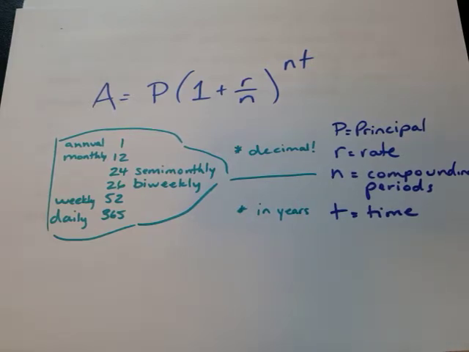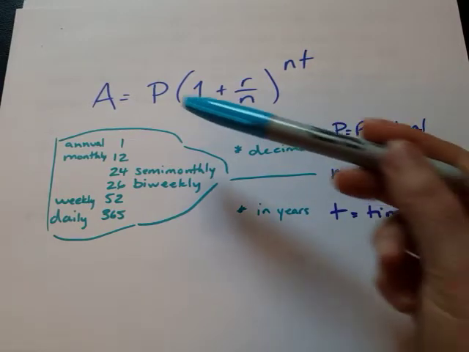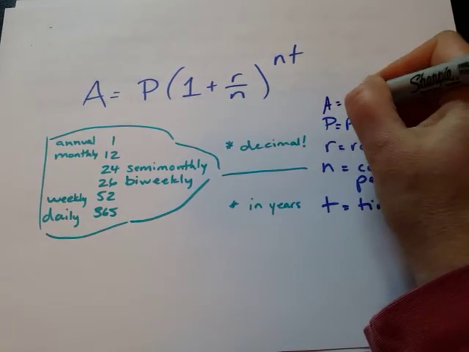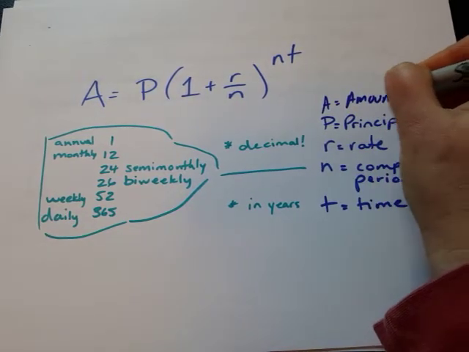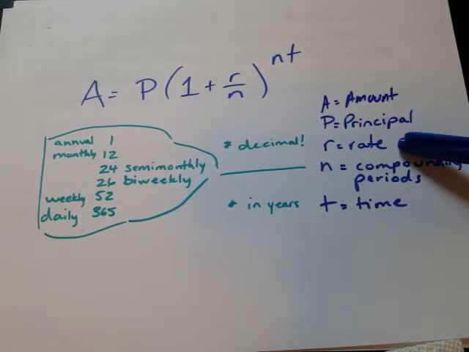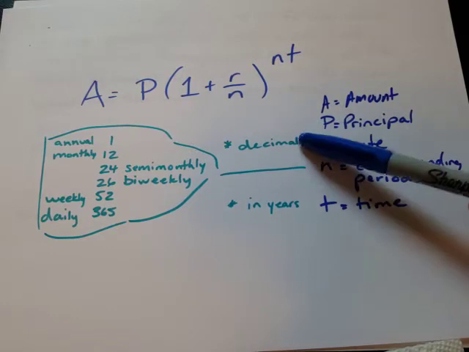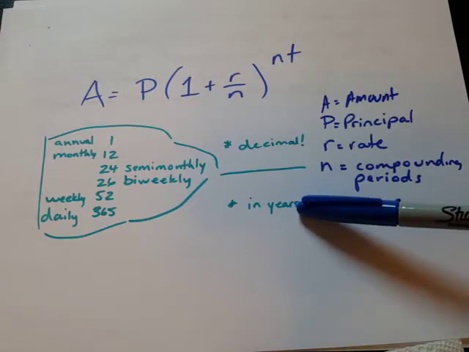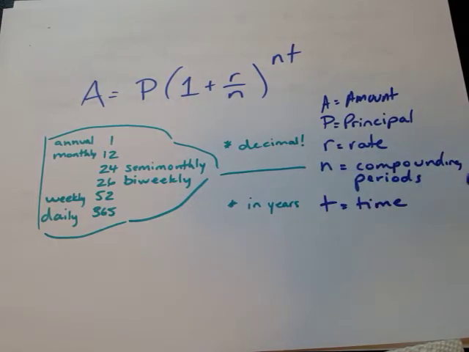So we've got our compound interest formula, identifying the variables with A being the amount that is in the account at the end of the investment, P being the amount that has been invested or initial contribution, what did they start with, R being the rate, just as in simple interest where we show it as a decimal, T for time, again in years, and the new variable is N for compounding period. So how many times are we going to be getting interest on interest?